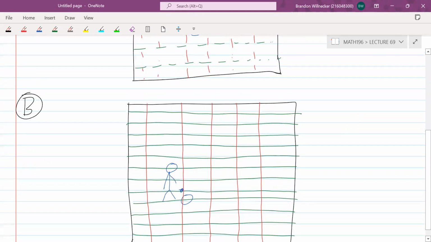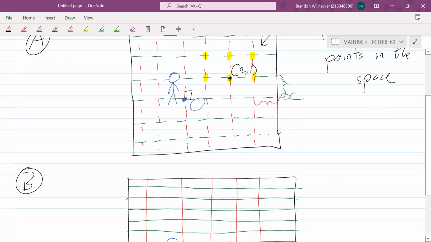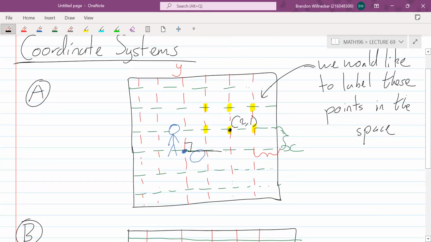So in fact, the same point, it's over here. This is going to be 1, 1. Okay, because before we went across 2, so we counted 2 spacings there, we went up 1 here, and we got the point 2, 1.